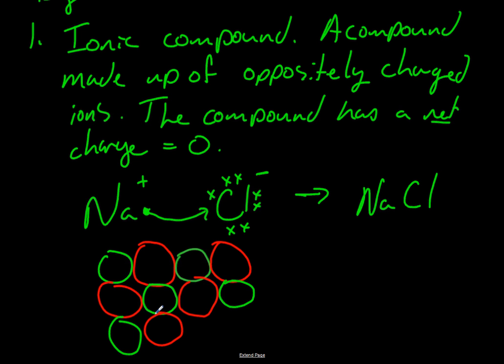This takes a little while. It's worth it. It's like Christmas colors. All these will have a negative charge, and they'll nestle up and balance each other's charges out. And you'll find that you have an equal amount of chloride ions and sodium ions, and you make this thing.